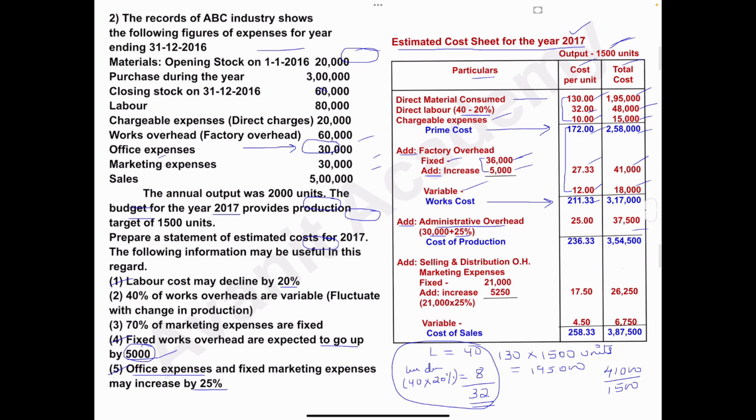Cost per unit: 37,500 divided by 1,500, you will get 25 rupees.